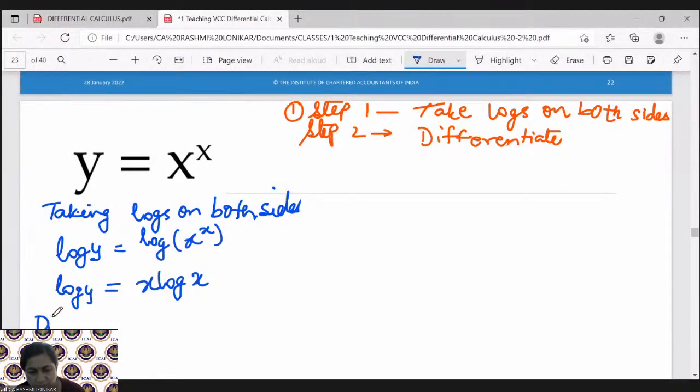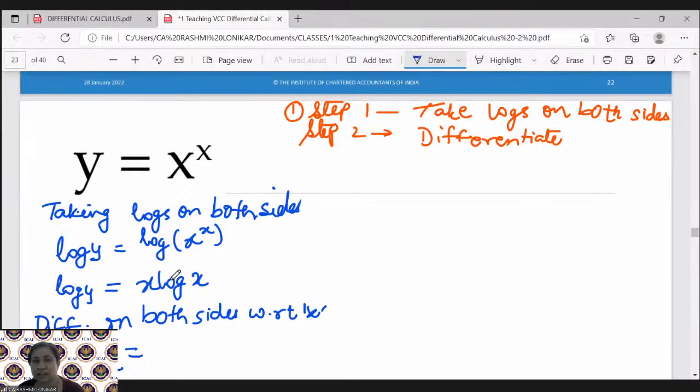Now differentiate on both sides with respect to x. What will be the derivative of log y? It will be 1 upon y dy by dx. Now the right side is x log x.